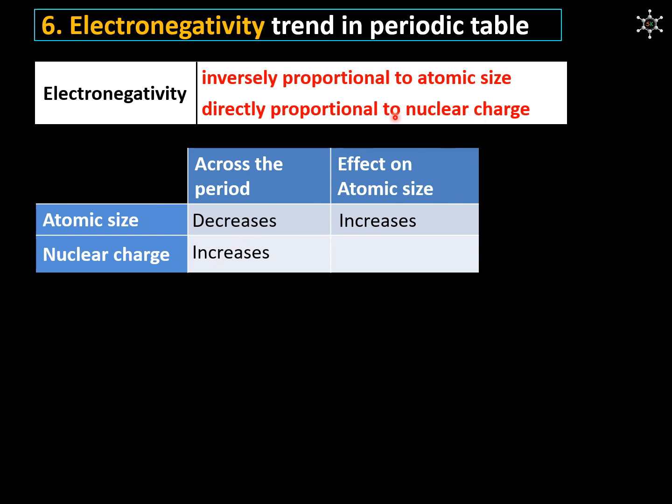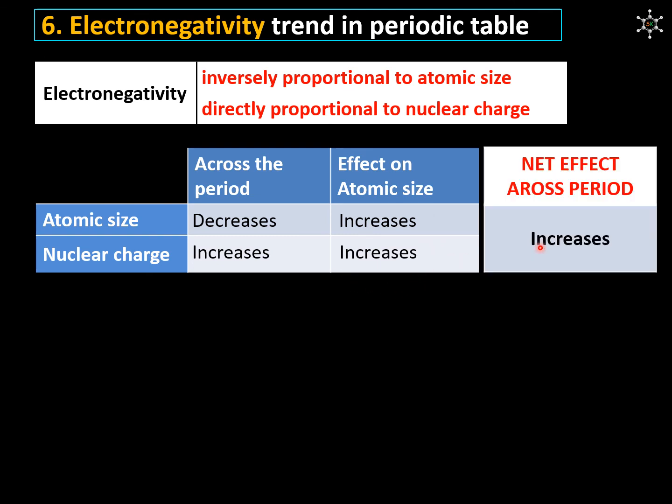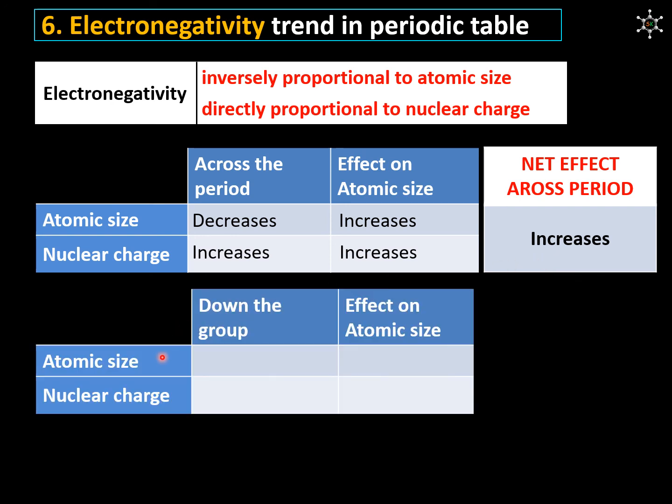Since nuclear charge is directly proportional to electronegativity, we expect the electronegativity also to increase across the period because of nuclear charge. What happens to the electronegativity across the period is the resultant of these two, and that is electronegativity across the period increases.